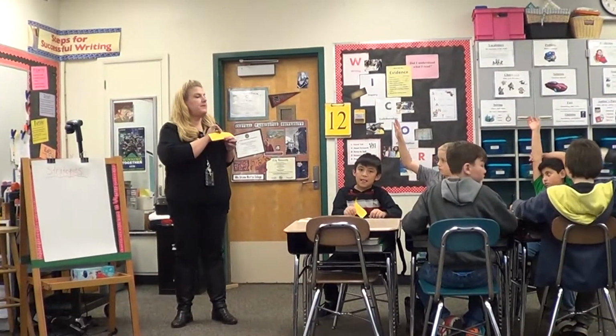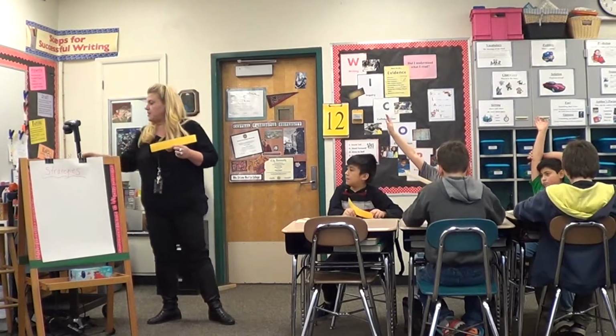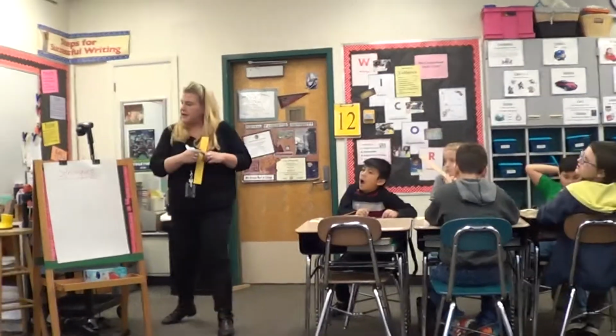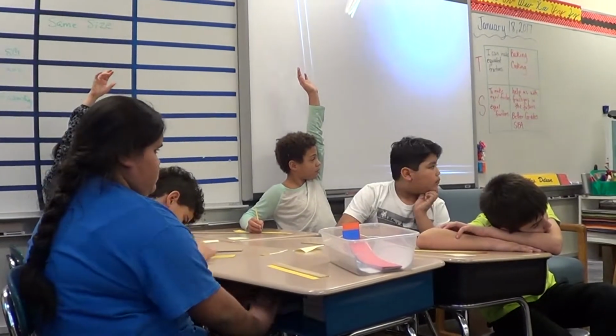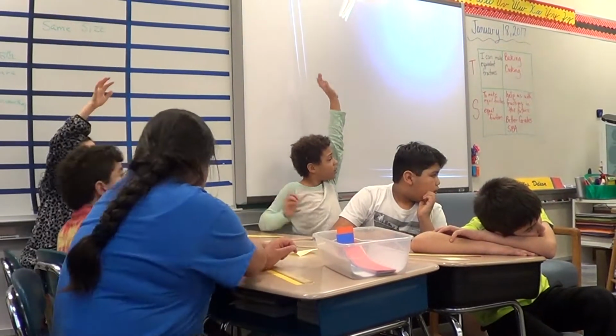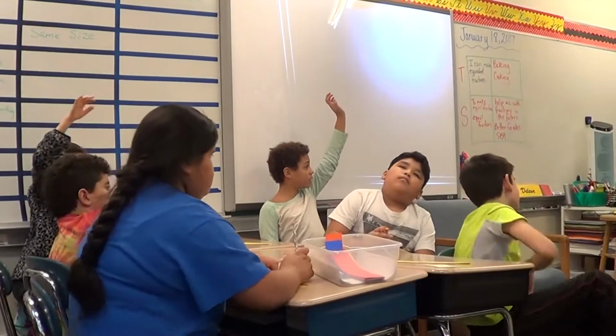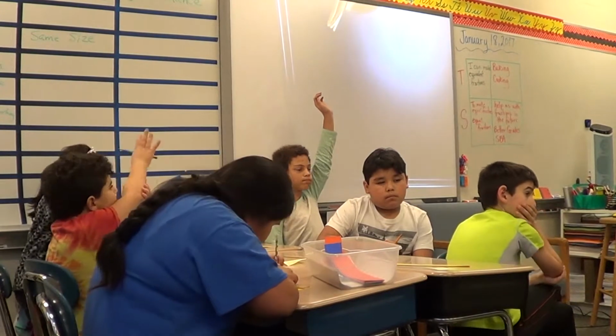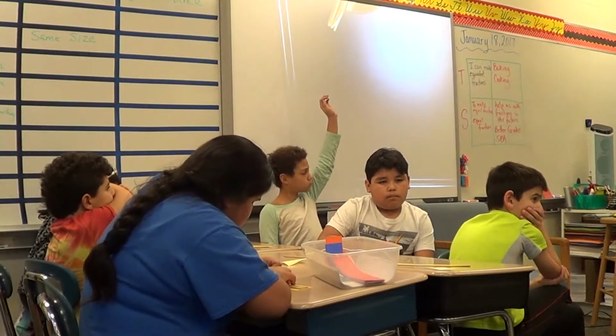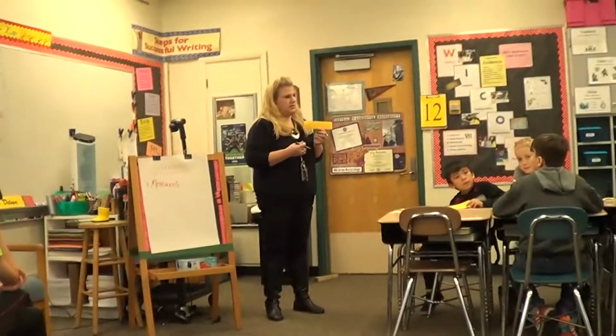Is there anybody else that came up with a different strategy? I'm going to write up here our strategies. So Sky said that he measured it. Okay, so Sky, when you measured it, did you tell me what you did to find out that that was 6 inches?